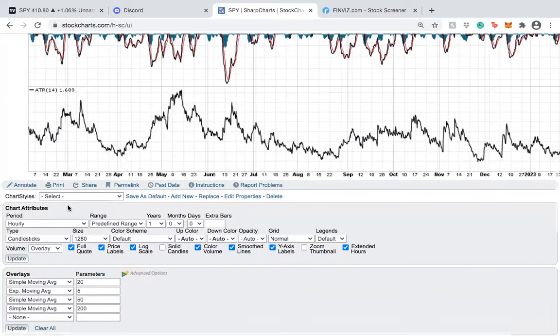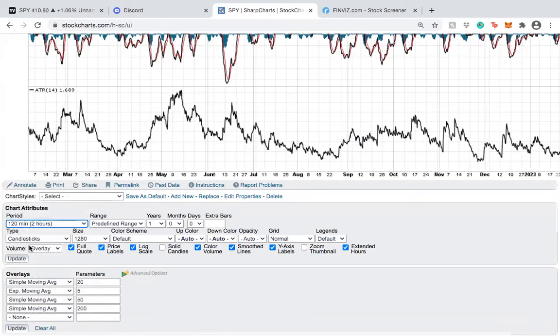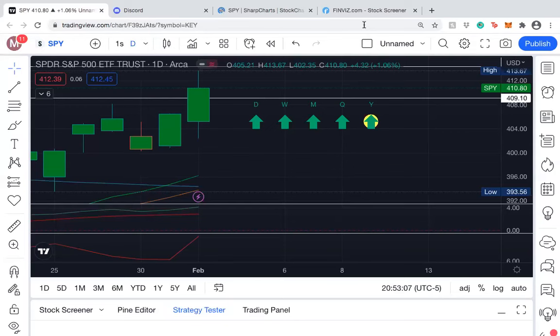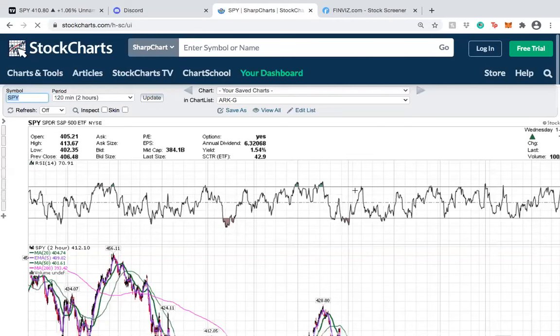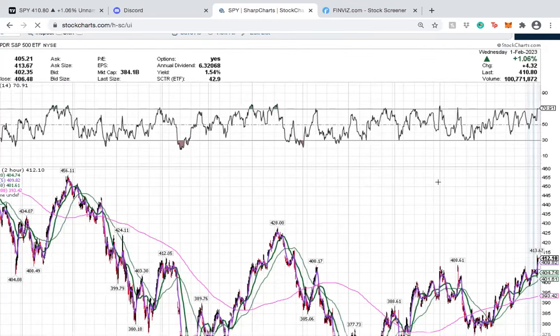If you do the 2 hours, the RSI is going to be slightly different, just under 73. Now it changes to 70. So it's always good to understand, whether you're doing screeners on FinViz or updating stock charts on TradingView, what parameters you're putting on your chart and the difference they make to the data you're seeing. Your interpretation of the data is really key.